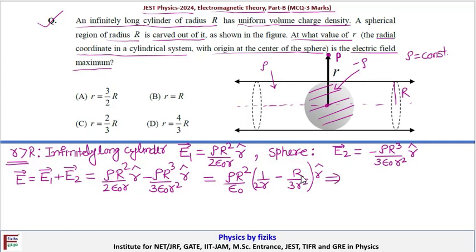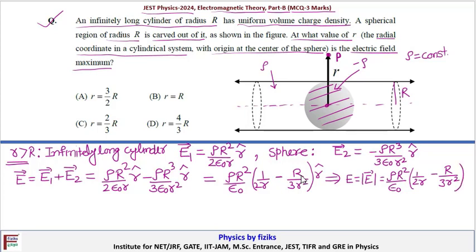So we can write the magnitude of the field, that is mod of E, just writing down the magnitude. So this is rho R square by epsilon naught times 1 by 2r minus R by 3r square.